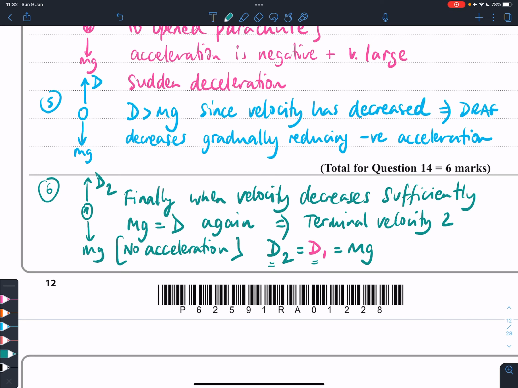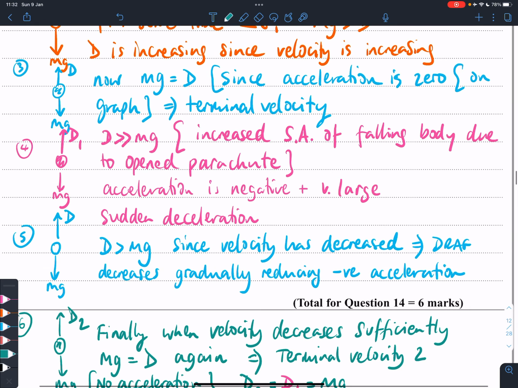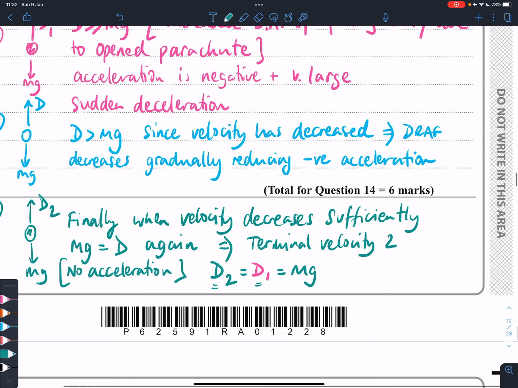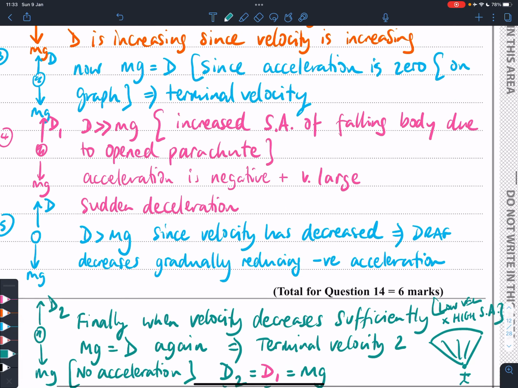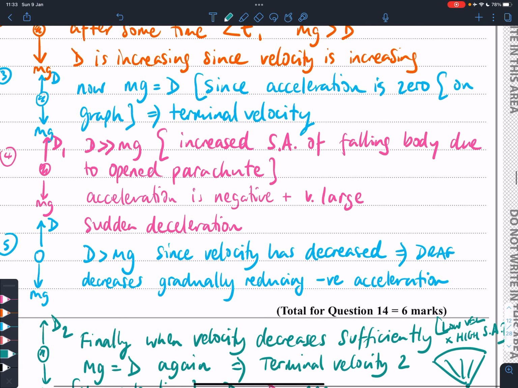And the way this works is that with a parachute, for this terminal velocity, you've actually got a very big surface area, meaning that a low velocity times a high surface area can give you the same drag force as an individual falling down here.